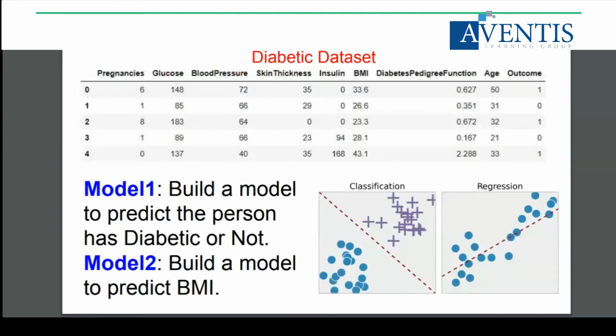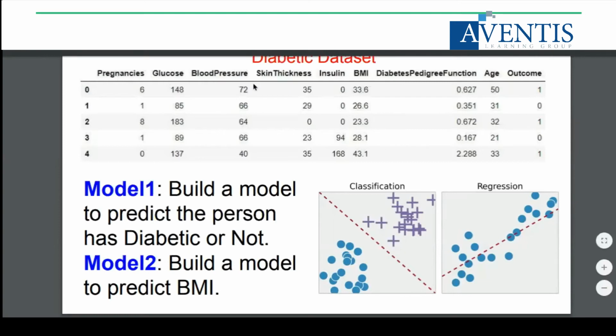Say this is one of the data sets, a diabetic data set. And these are the different parameters available in that data set. The first one is pregnancies.